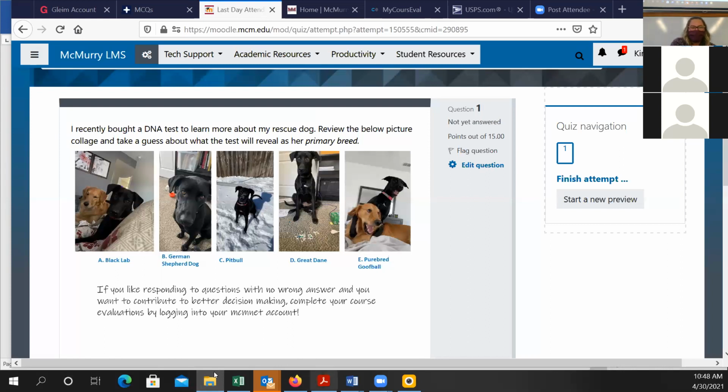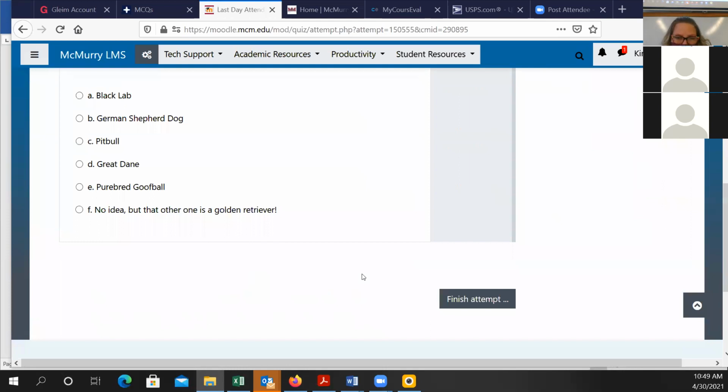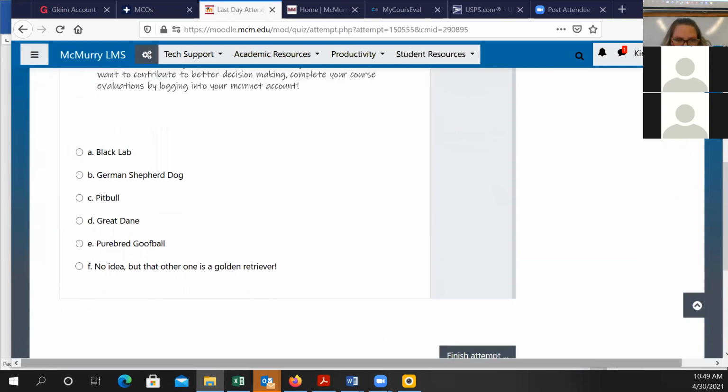Which one is that? Let me open that and double-check. A was the blue document, and A is what we were working in, in QuickBooks.